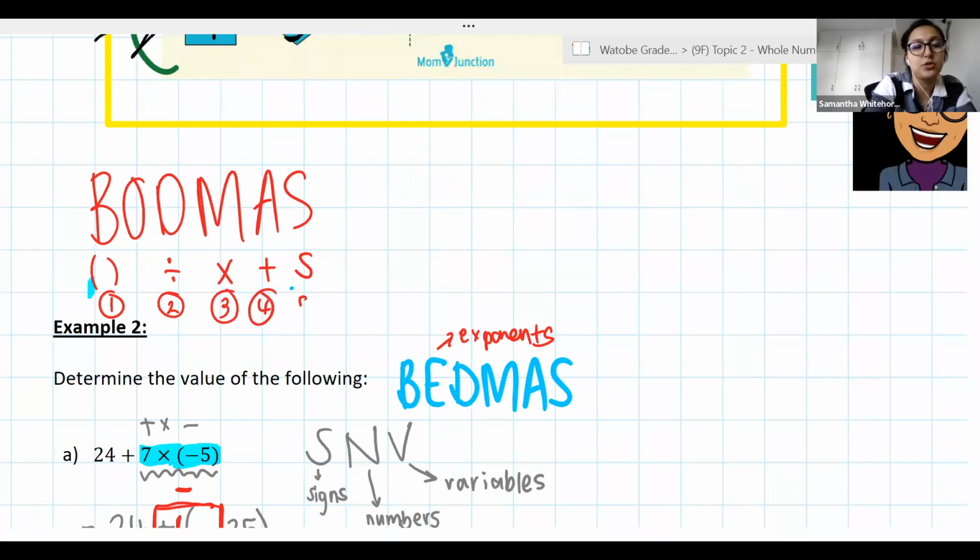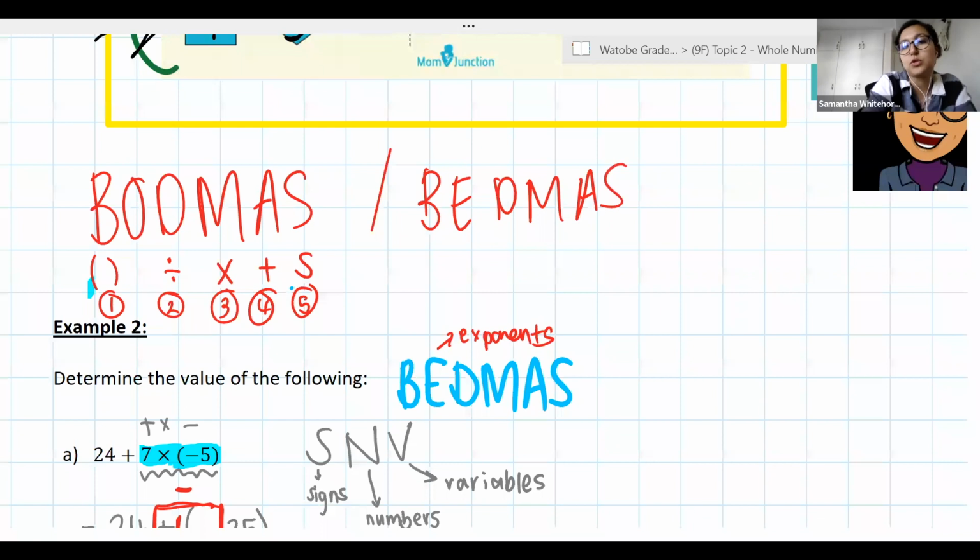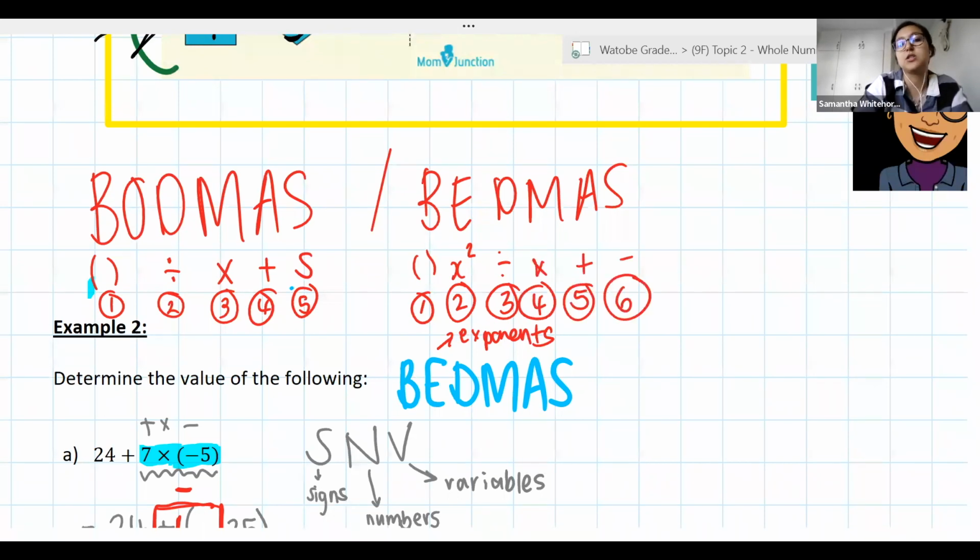If you go to bedmas, which like I say, I prefer, it tells us exactly the same thing. So brackets first, exponent second, division third, multiplication fourth. Addition fifth, and then subtraction. So it just gives us the order in which we need to do our work when we get given a sum.